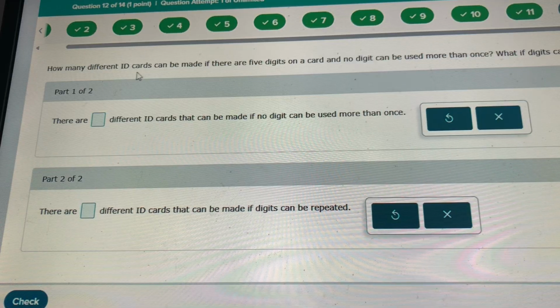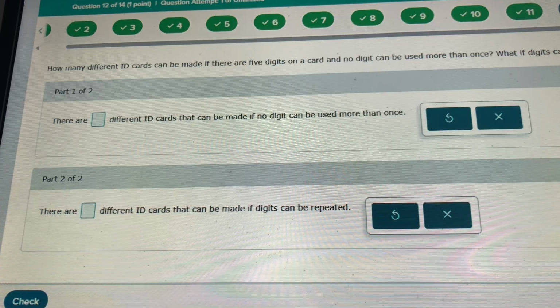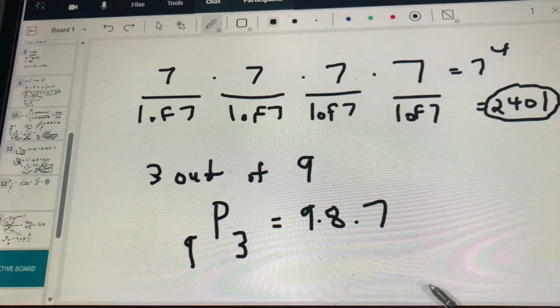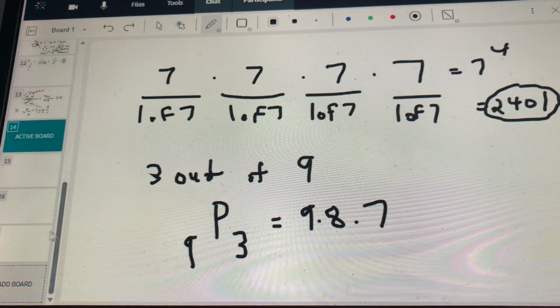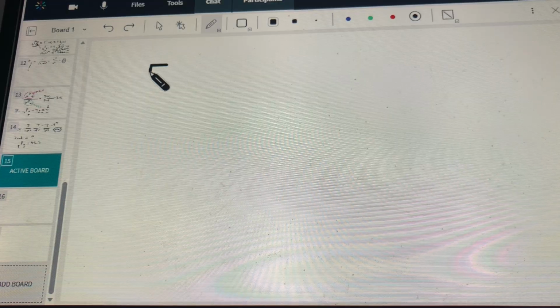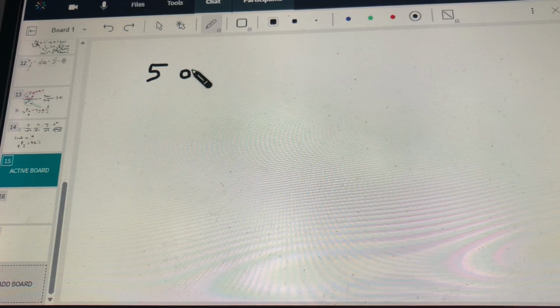How many different ID cards can be made if there are 5 digits on a card and no digit can be used more than once? See, if you can't repeat the digits, that's a permutation. If you can repeat, then it's the fundamental counting principle. Apparently on this problem, you have 5 digits to pick from, and you're going to use all 5.